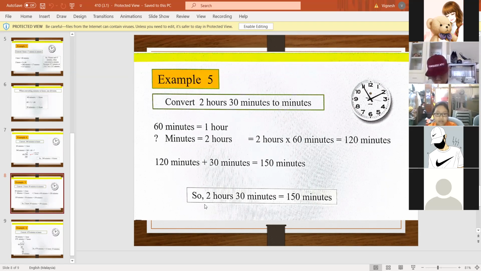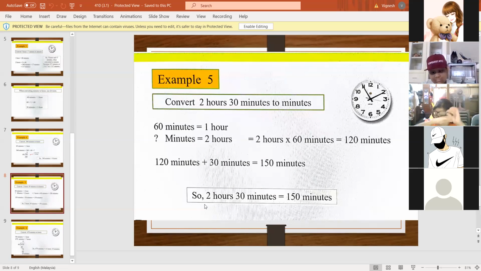How to convert this? Who can tell teacher? So, do we need to multiply or divide? What we need to do, class? Multiply. Very good.